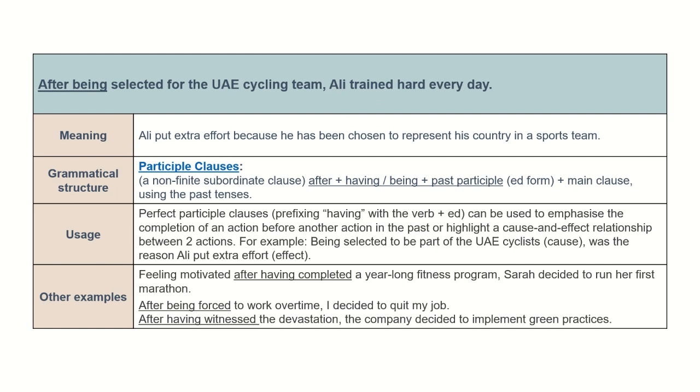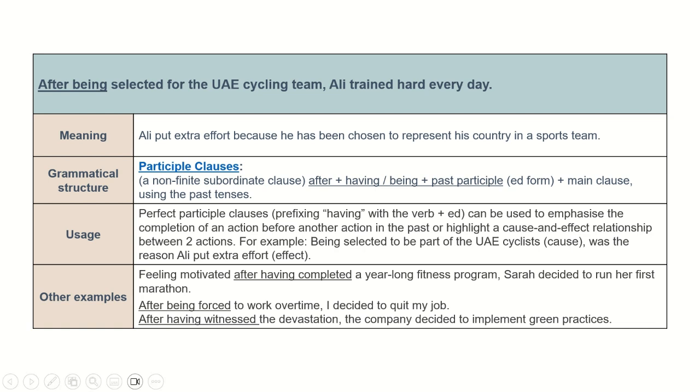Look at this example. After being selected for the UAE cycling team, Ali trained hard every day. So here, I mean that Ali put in extra effort because he has been chosen. He's not the one who chose himself to represent his country, but he has been chosen by others to represent his country in a sports team.